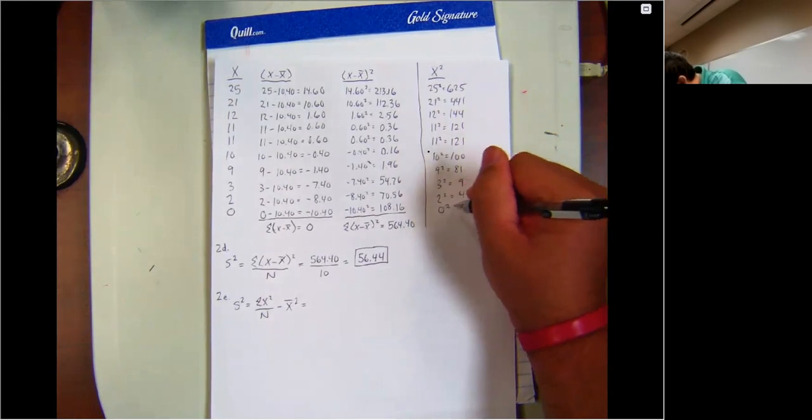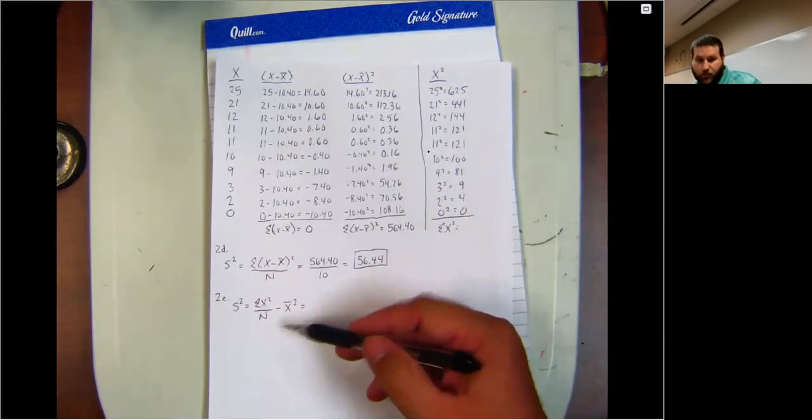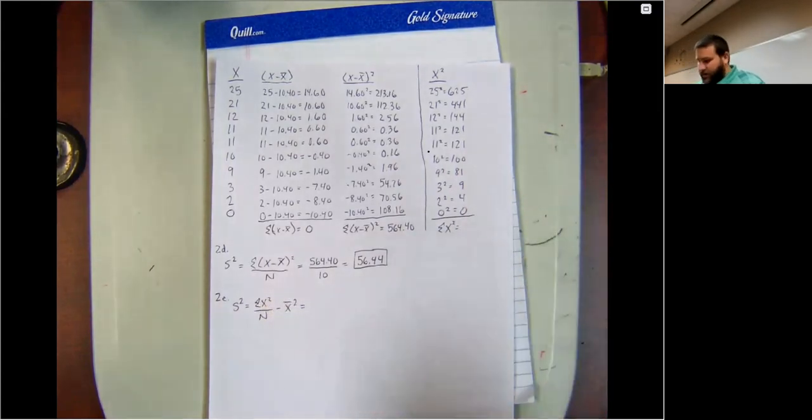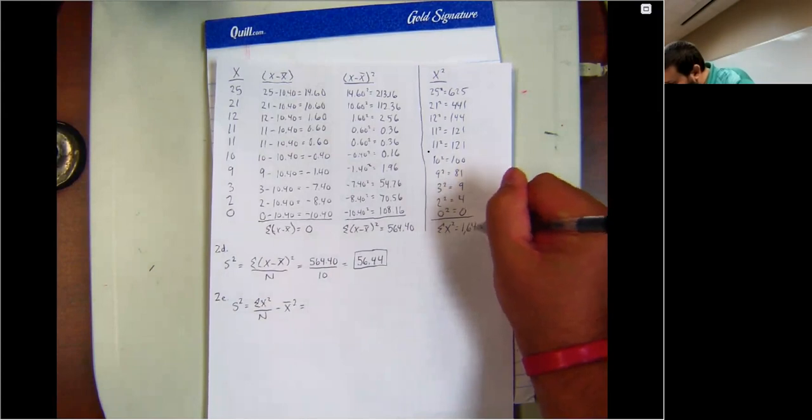And 0 squared is 0. So if we sum up this column, we get the sum of x squared, which is the number we need for our calculating formula variance. So we add up 625 down to 0, and the total we get here should be 1,646.